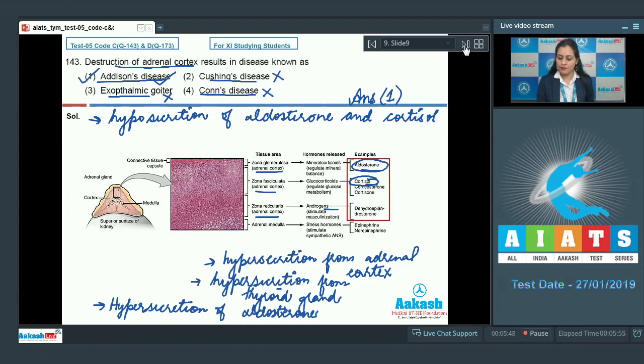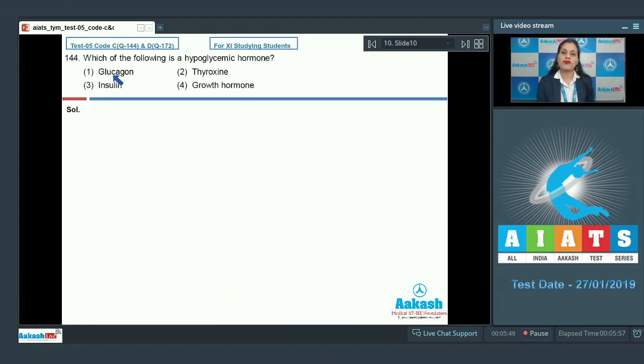Let's discuss our next question. Question number 144. Which of the following is a hypoglycemic hormone? The options given are glucagon, thyroxine, insulin and growth hormone. The correct answer to this question is option number 3, that is insulin. Insulin is a hypoglycemic hormone in humans which increases uptake of glucose into cells from blood.